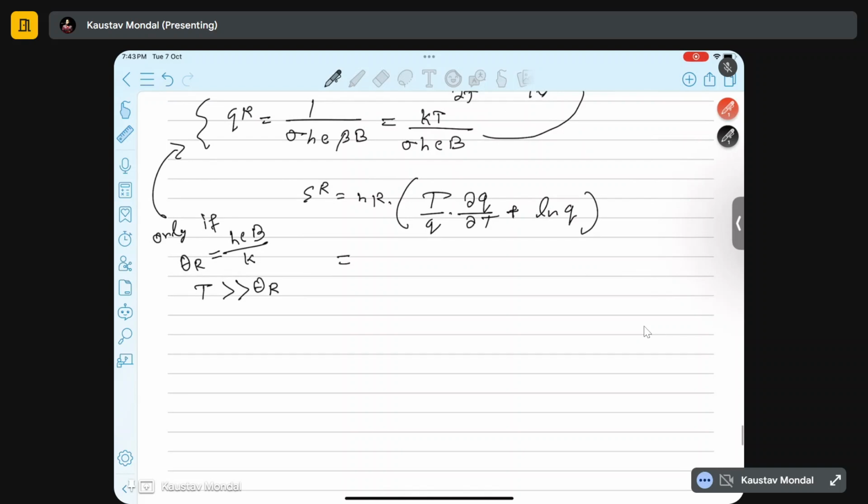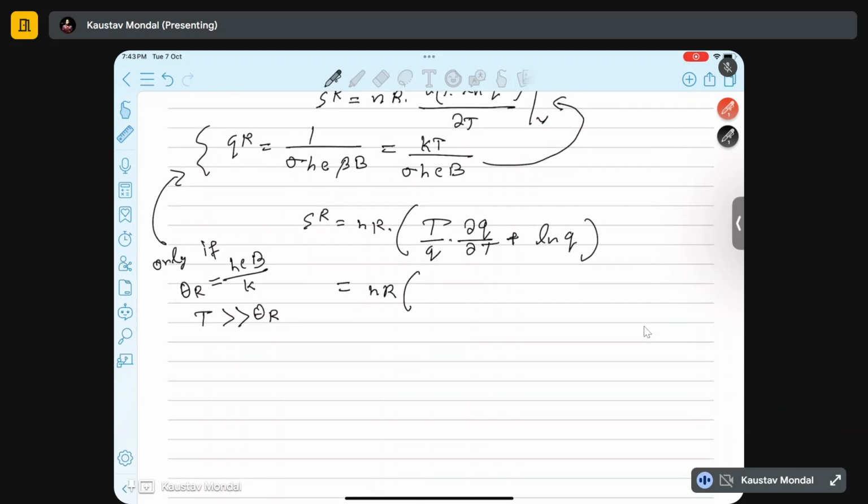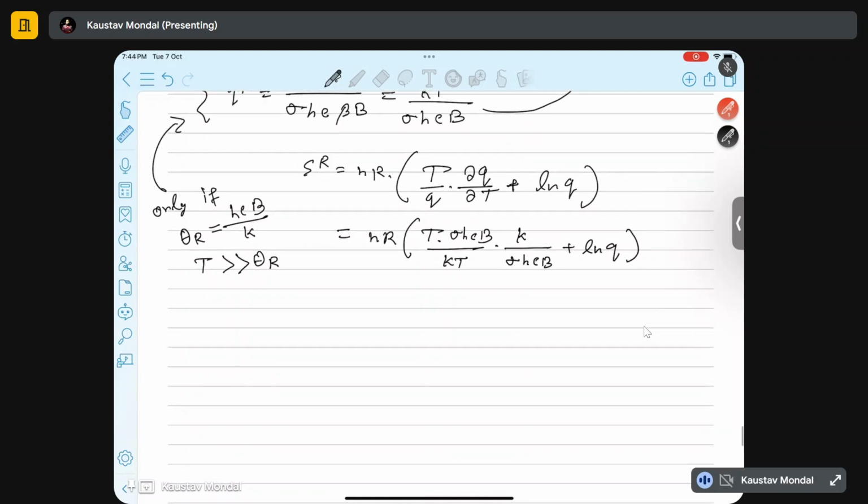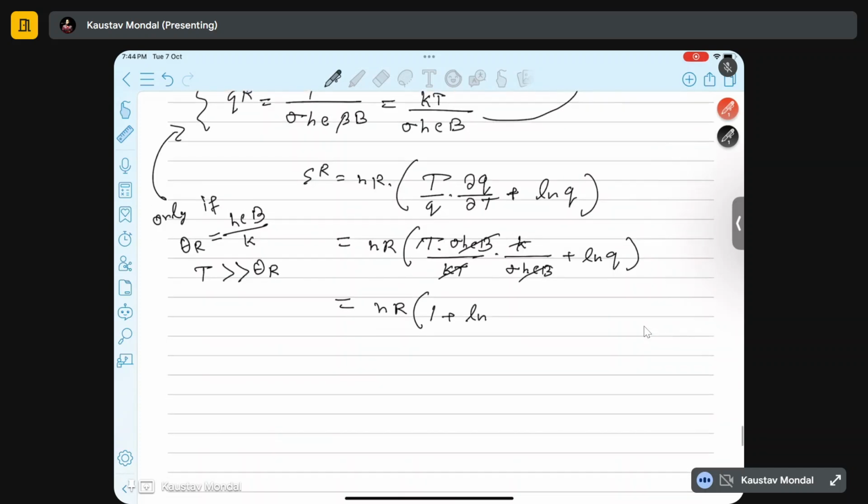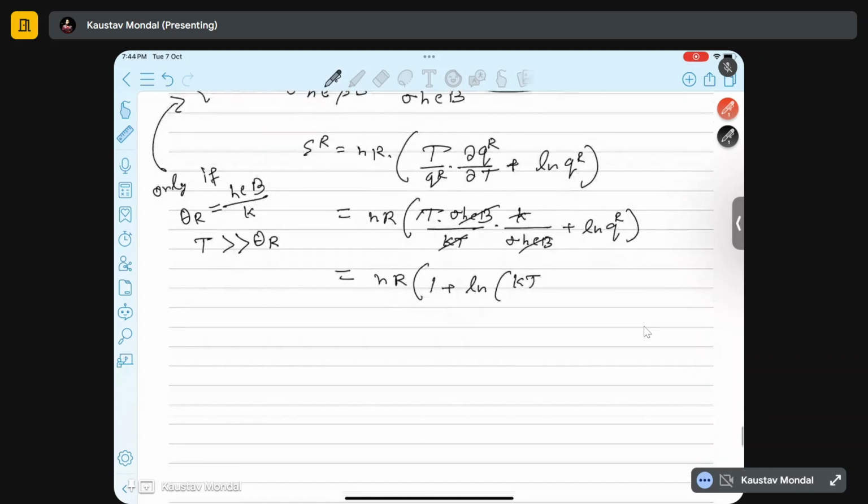Now Q is already known as kT by sigma hcB, so T by Q, if you substitute, sigma hcB by kT into k by sigma hcB, plus ln Q. So this will cancel, this will also cancel, so just 1 plus ln Q. QR we also know, you can just substitute it here, kT by sigma hcB.